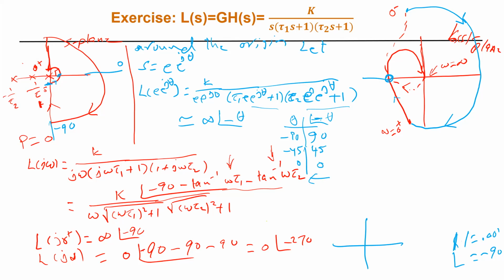And basically minus 180 or plus 180, it is the same. No, it is minus 180, because look, you are starting from minus 90 along this direction. So when you reach here, you are at minus 180.